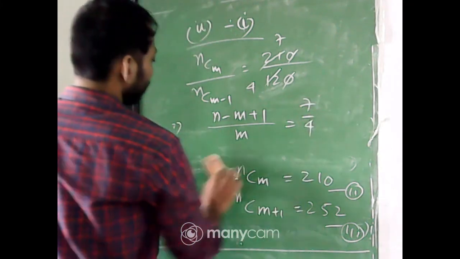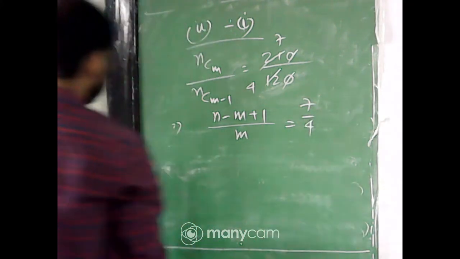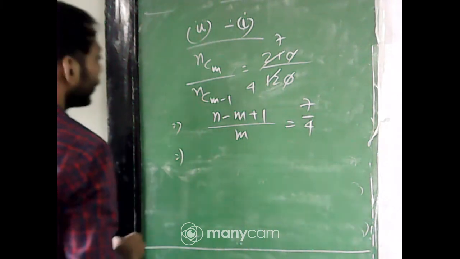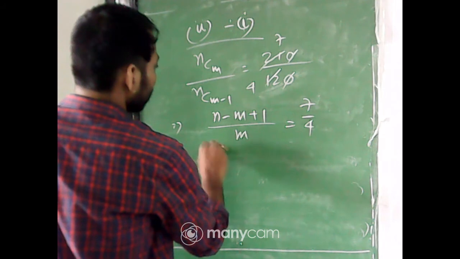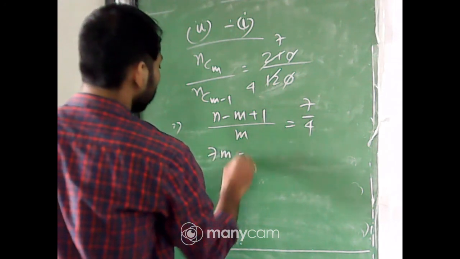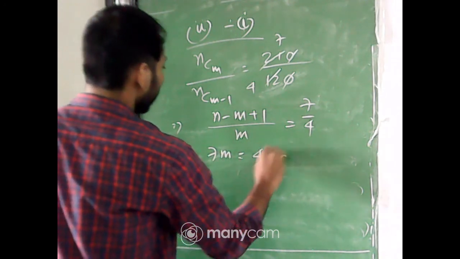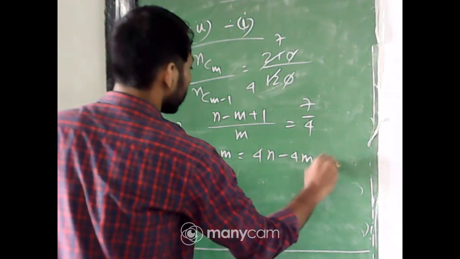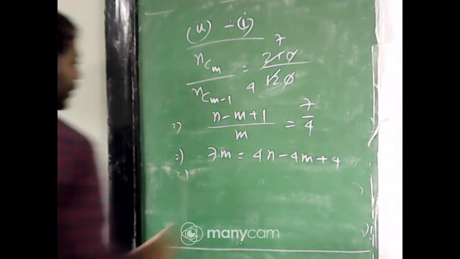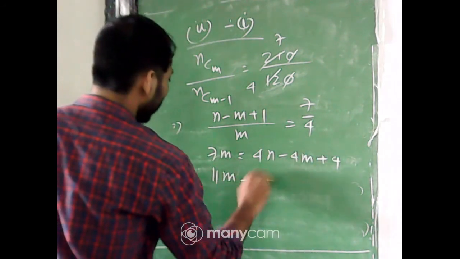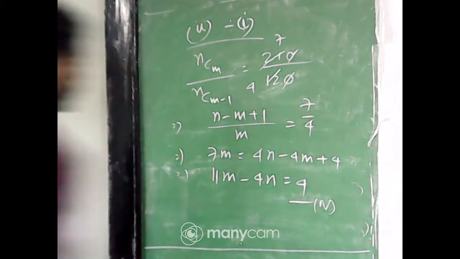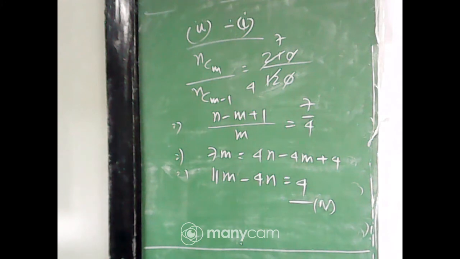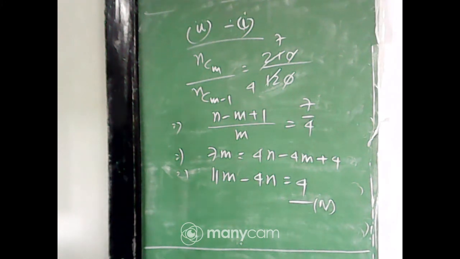That means the equation will be 7m equals to 4n minus 4m plus 4. That means 11m minus 4n equals to 4. That is equation number 4.